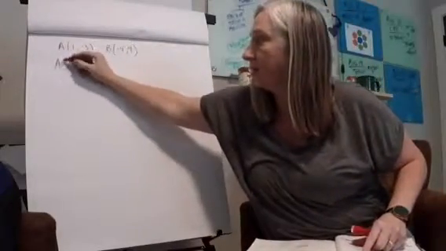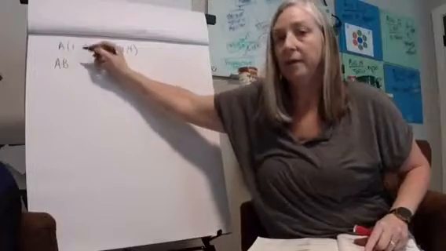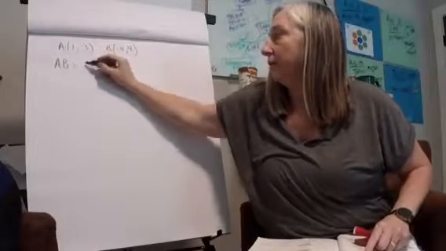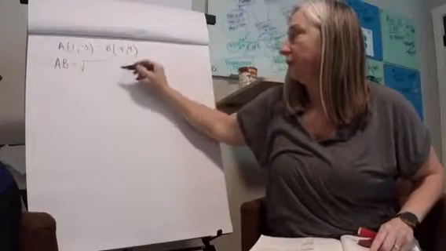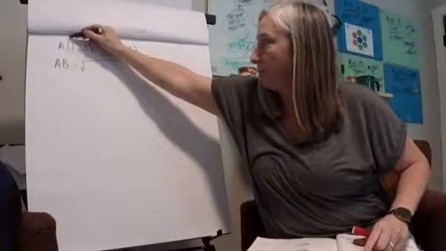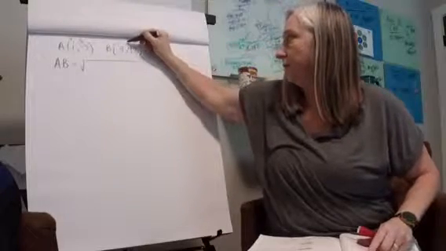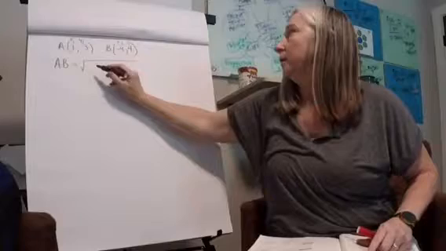Remember that when they say AB with no line above it, it means the length of line segment AB. So we're going to find the length of AB by doing the distance formula. I'll just think of this first point as x1, y1, and then x2, y2, and I'll plug it in.